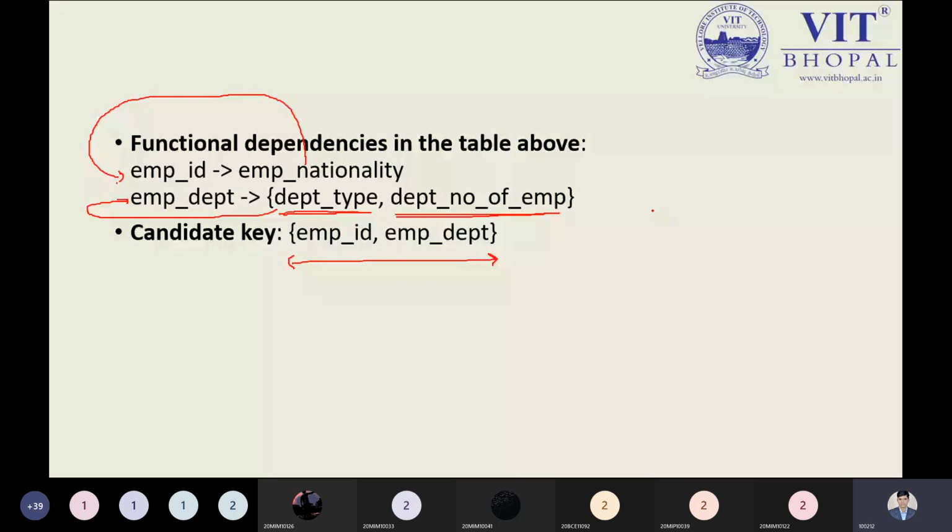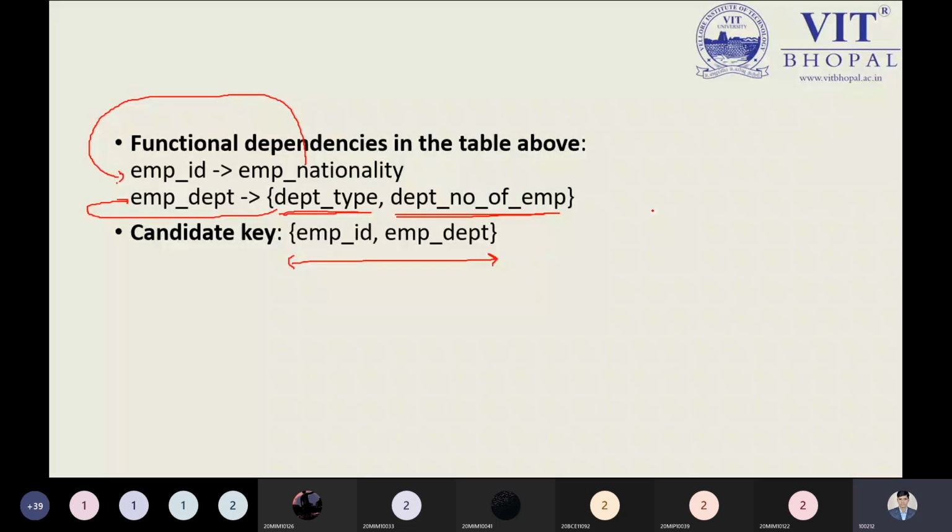So this is represented by our dependencies from which we have determined the candidate key. Of course, if we need to determine the primary key, we can determine employee ID as the primary key. So after understanding super key and candidate key, we can determine the primary key. Those are the steps we have to keep in mind.